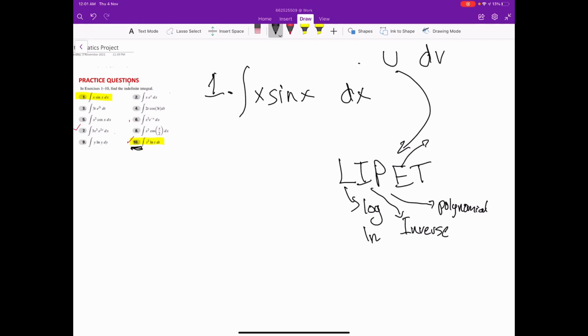The E is the exponential. I'll write it as exponential. And the T is the trigonometric. Trigonometric, obviously, is sine, cosine, tan, and the exponential function is e to the x.